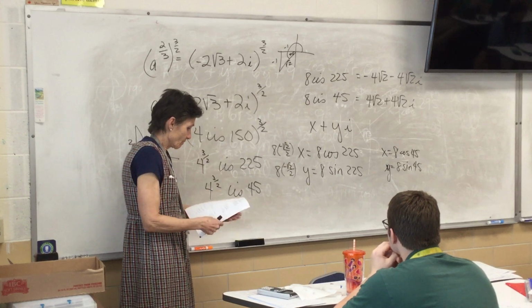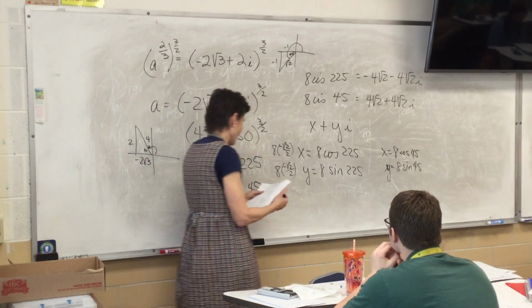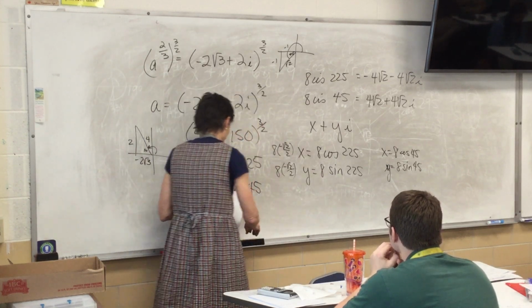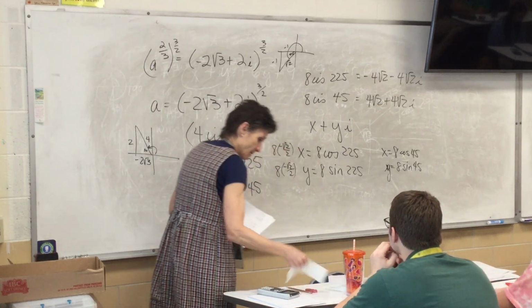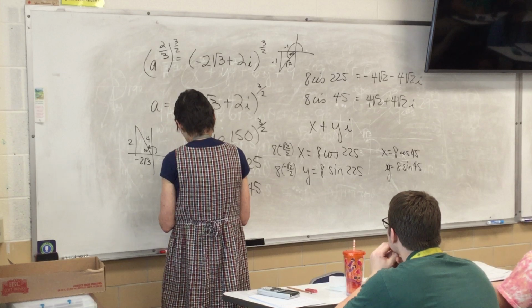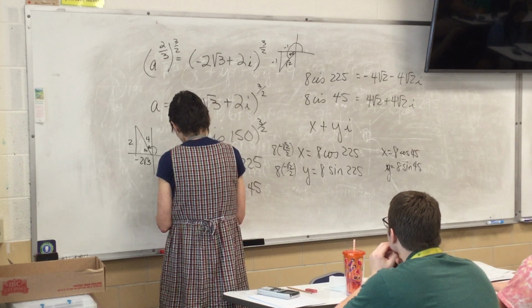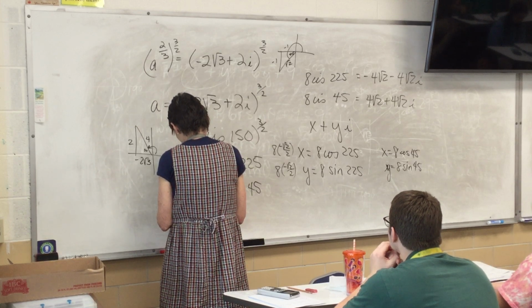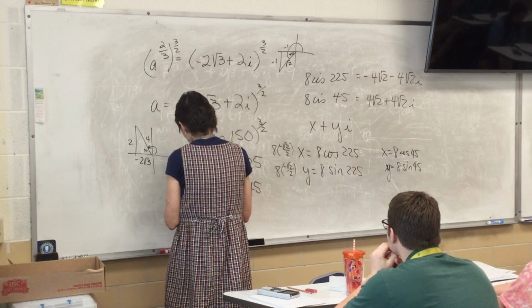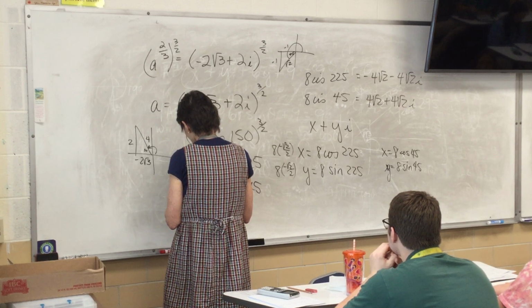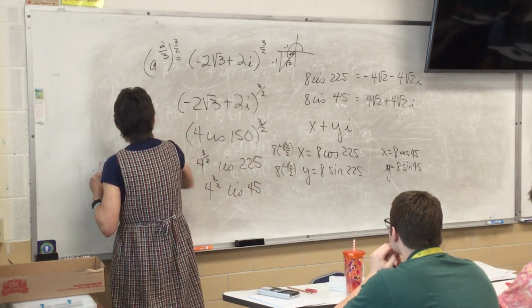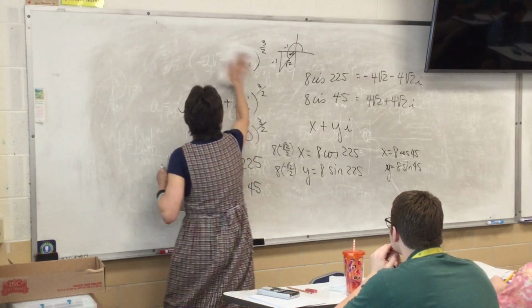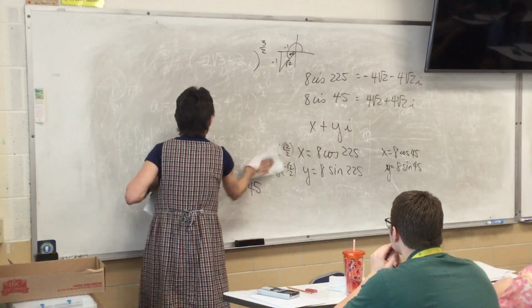4B. 4B says find the cube roots. This one I may need a calculator. It's the same problem, basically. Only cube roots mean what power? 1/3. 1/3.